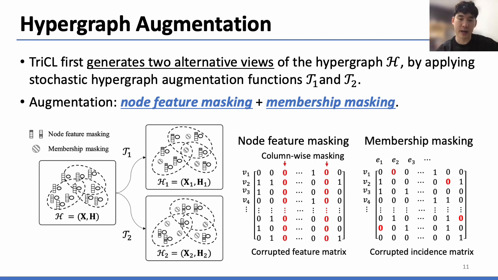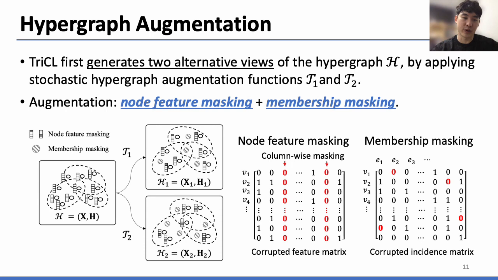Node feature masking and membership masking randomly drop out the node features and the incidence matrix by sampling from a Bernoulli distribution with probability p respectively.